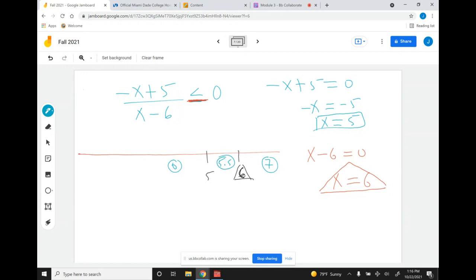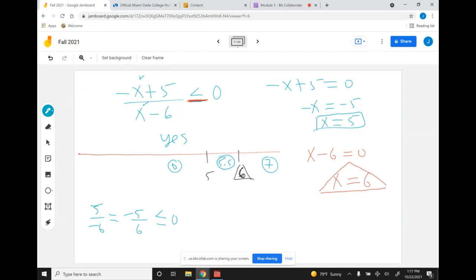All right. And then I do exactly the same that I did on the other ones. I'm going to test them. Let me start with 0. If x is 0, all I have left is 5 over -6, which is negative. The question is, is a negative number less than or equal to 0? And the answer is yes. In fact, we don't even care about the numerical value.